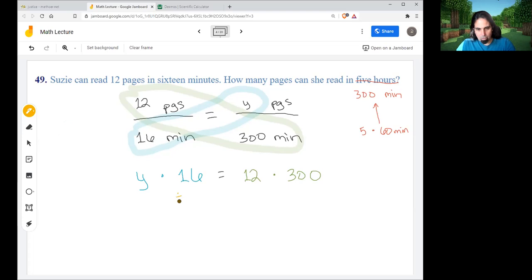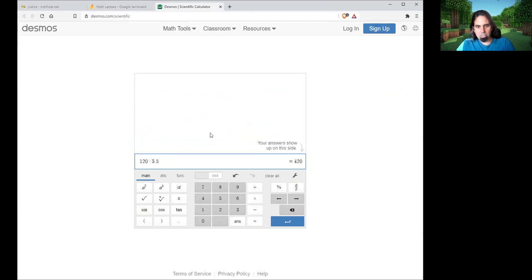If somebody is reading your work, they can understand what you do. If you just say, for example, I'm going to divide both sides by 16, that would tell them that on this side, the 16s are canceling out, since times 16 divided by 16 doesn't do anything. And on the other side, 12 times 300 divided by 16.